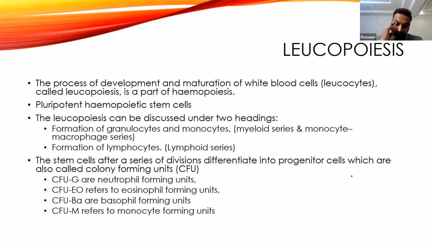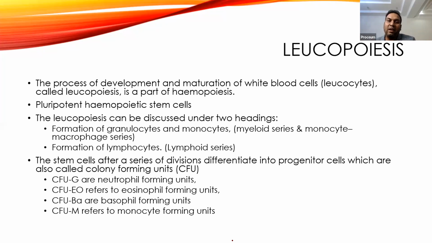Then another is eosinophil. When they are exposed to that particular unit, it forms eosinophilic cells. So there are different colony forming units. Another thing, they also have a different series from the granulocytes. Granulomonocytes have a different lineage and lymphocytes have a different lineage.